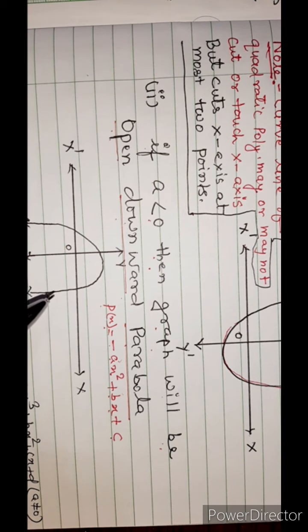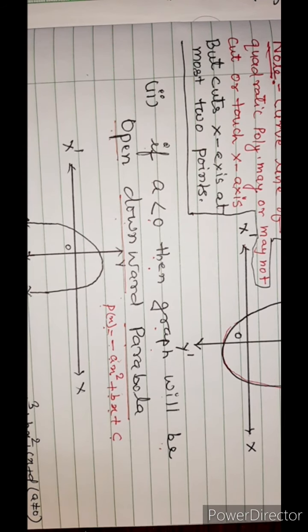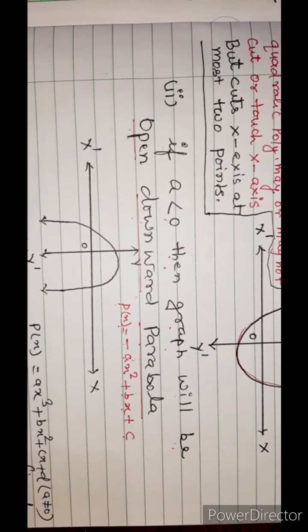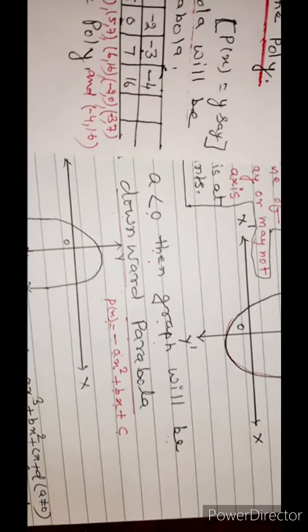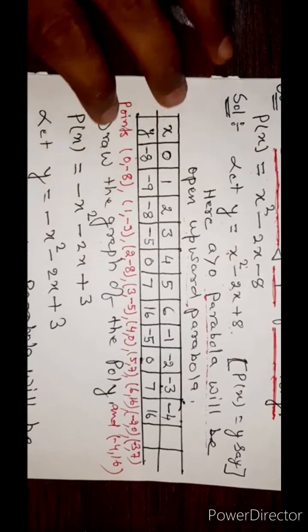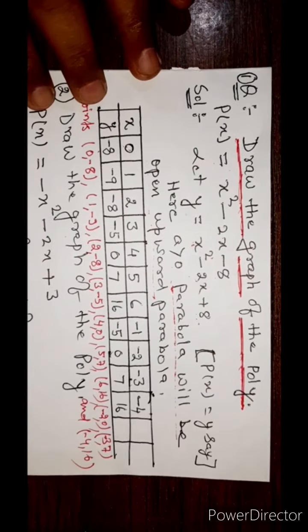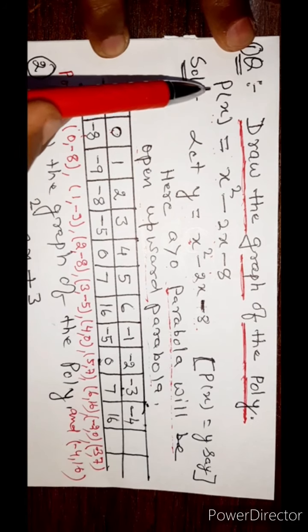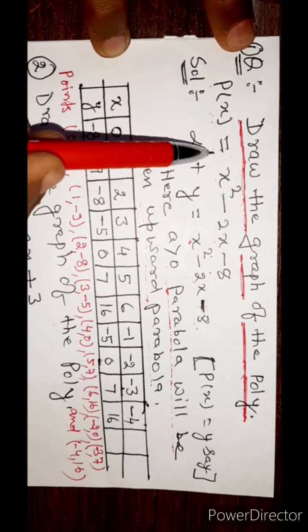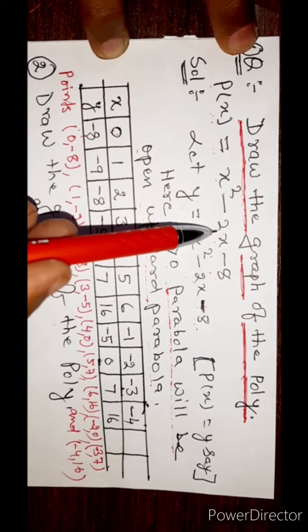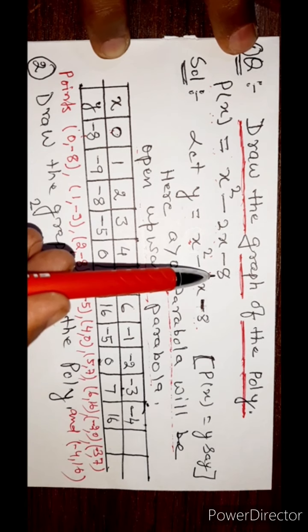So first of all, I am going to take a question. Look here, I have taken a question. The question is p of x is equal to x square minus 2x minus 8.